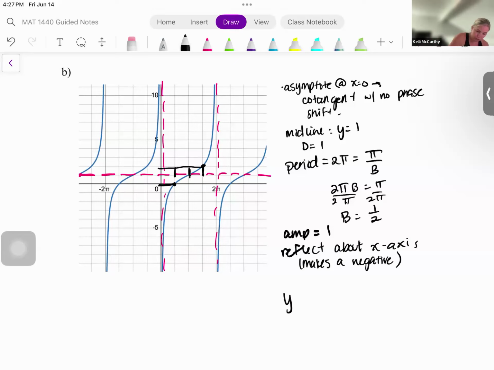So our equation, we're using cotangent. It's -1 times cotangent of 1/2 x. We do not have a phase shift, so we can close the parentheses and our midline is 1.